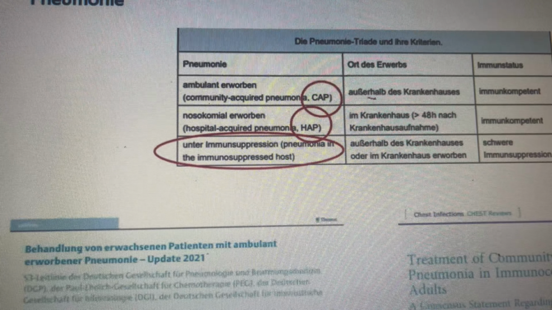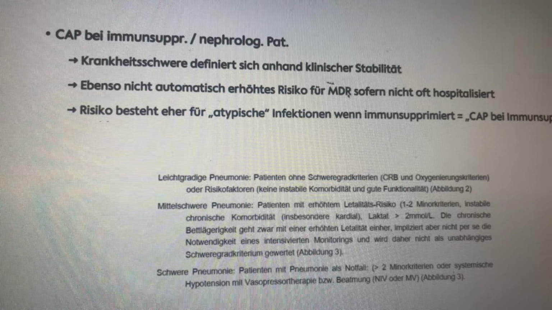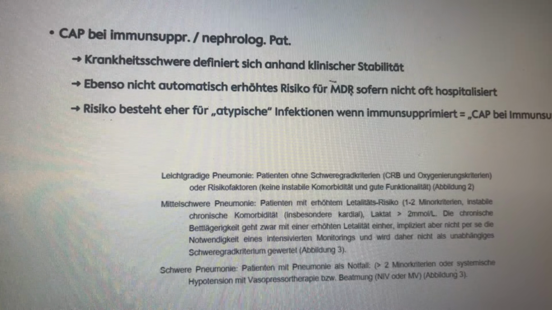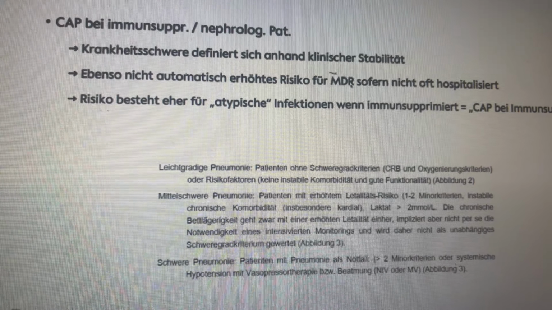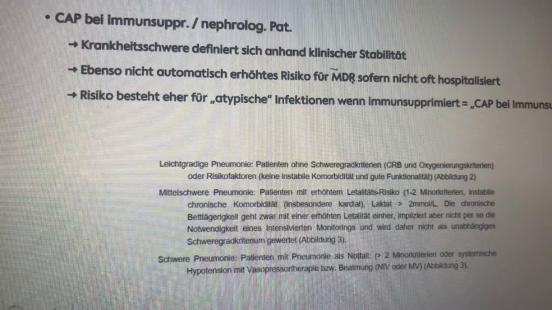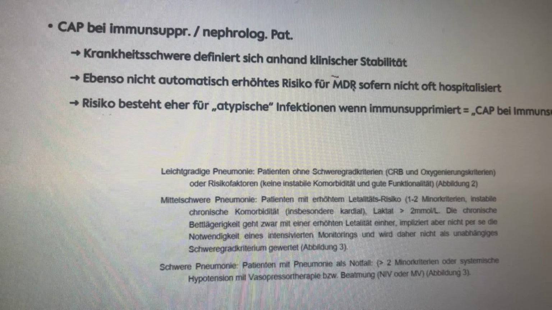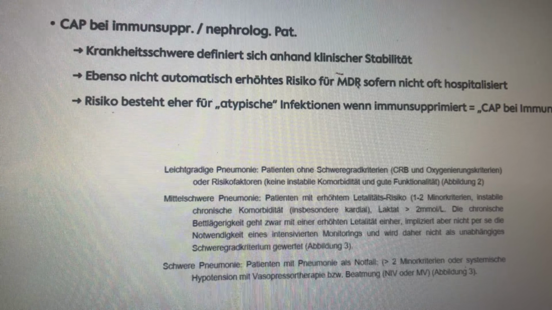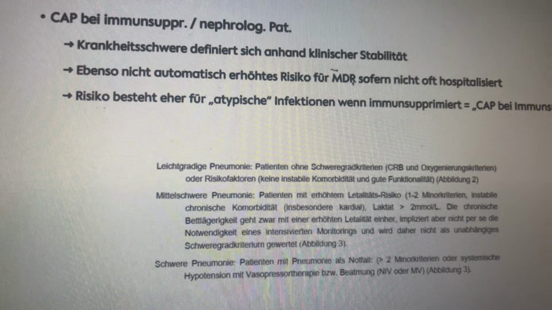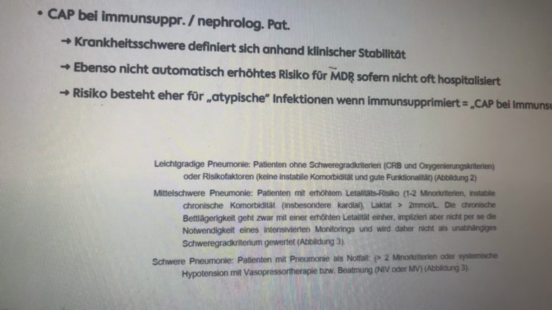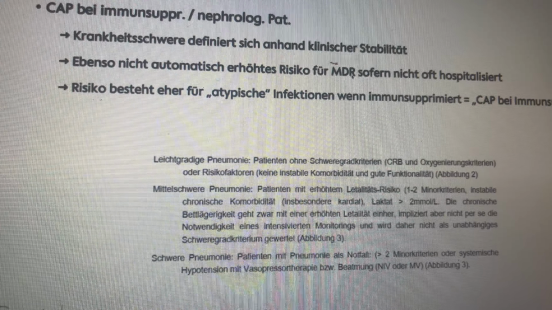So in case of CAP, community acquired pneumonia, we categorize the infection in light, middle, and high infections based on the condition of the patient, the mortality rate based on the diseases what the patient have, like comorbidity.